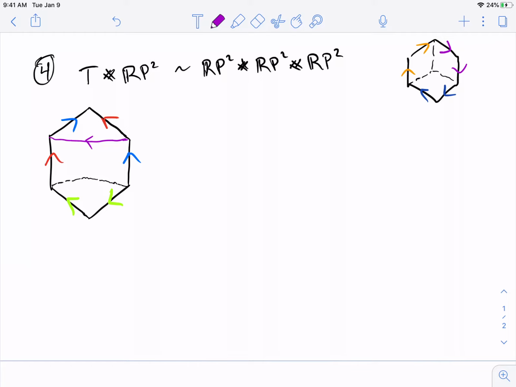And so if I glue this back over here, all I've done is I've affected the torus, which is not really going to help me because there's no way to reduce the torus to something else. The torus is the torus. It's as simple as it can be. And so if I only do a cut that involves separating off torus edges, what I get when I reglue is still just going to be a torus connected sum with RP2.